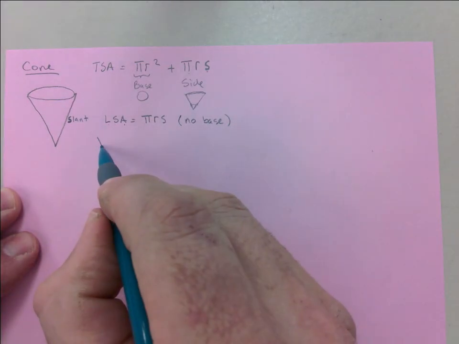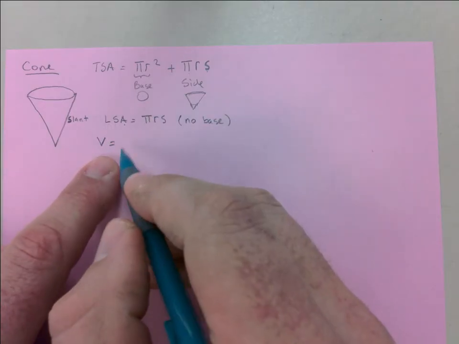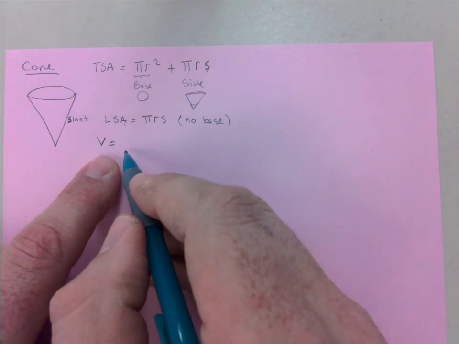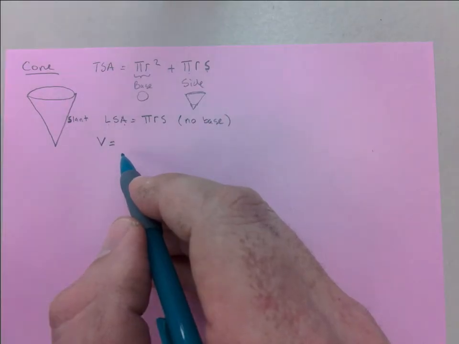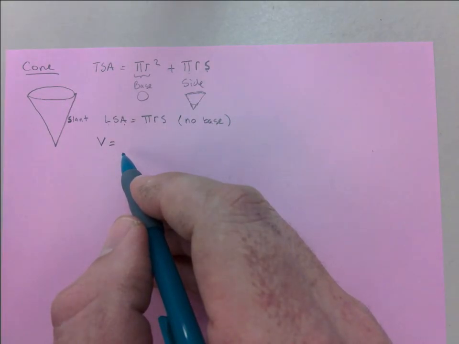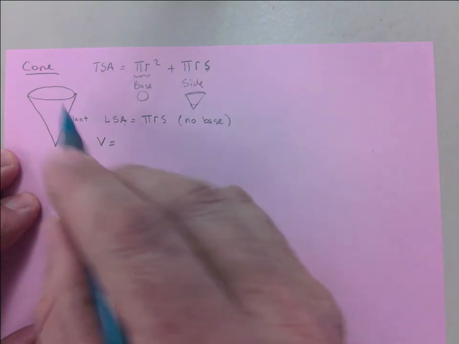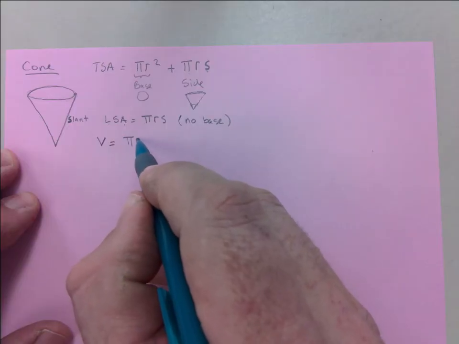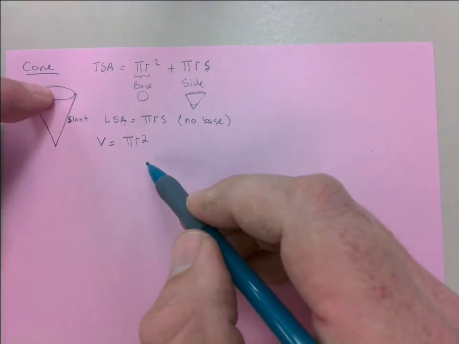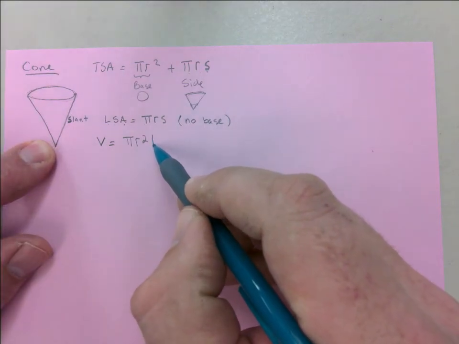Then we've got the volume. What's the definition of volume? Area of base times the height of the shape. Okay, area of the base. So what's the area of the base here? Pi r squared, right? And what is the height? Right?